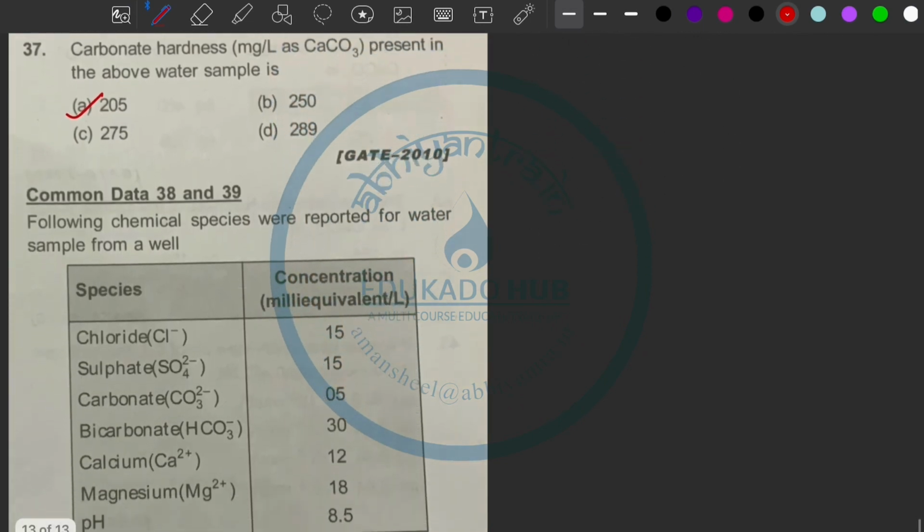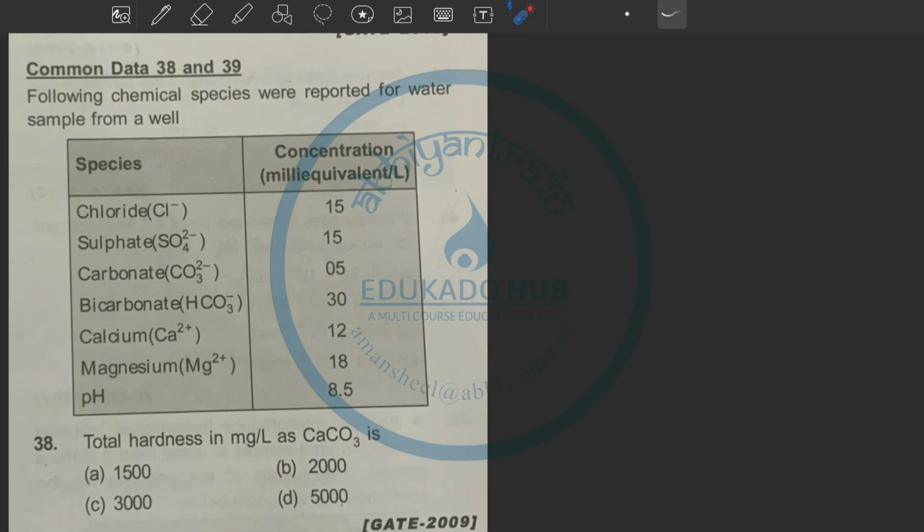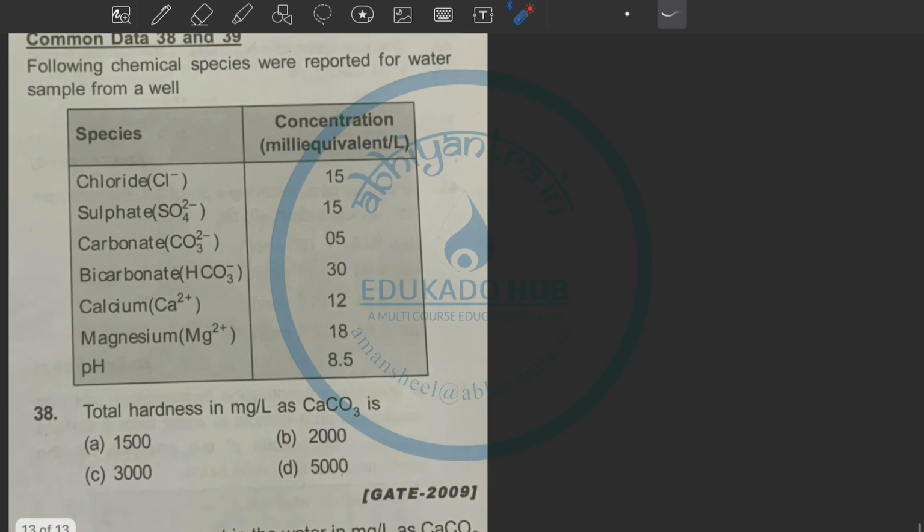Now let's do the next common data type questions, 38 and 39. The following chemical species were reported for the water sample: chloride, sulfate, carbonate, bicarbonate, calcium, magnesium and pH. For total hardness we need calcium and magnesium. For alkalinity we need carbonate and bicarbonate. Let's calculate.